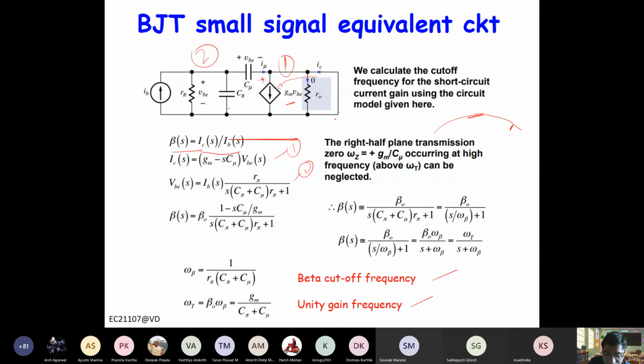So if you use these two equations and take the ratio of IC by IB, your V_pi will cancel, right? You get g_m minus sC_mu by sC_mu plus sC_pi, then you multiply R_pi plus 1.